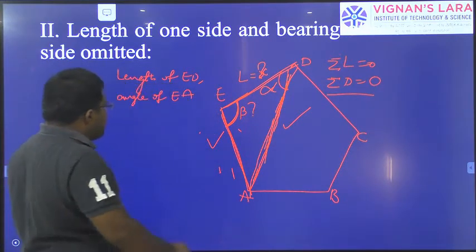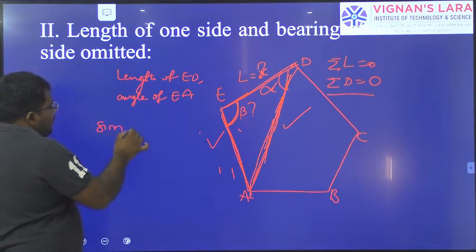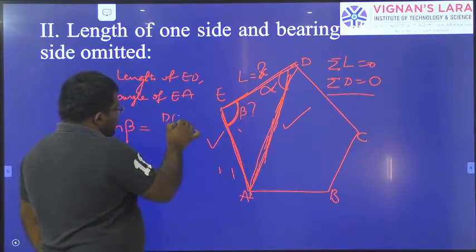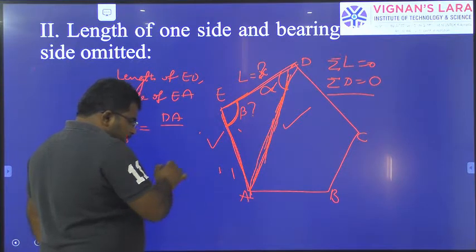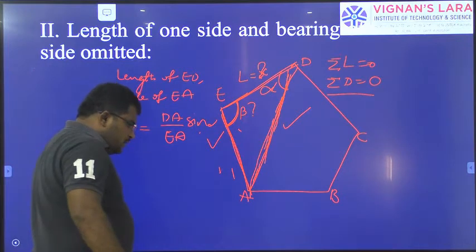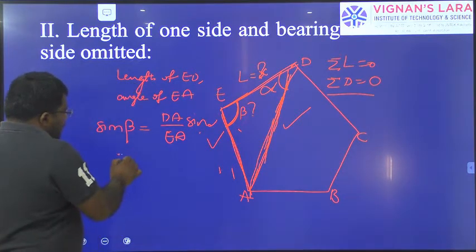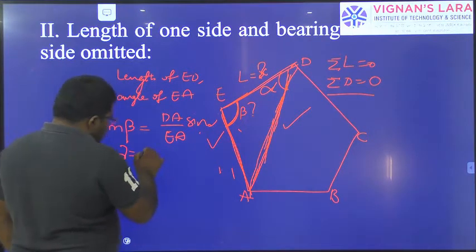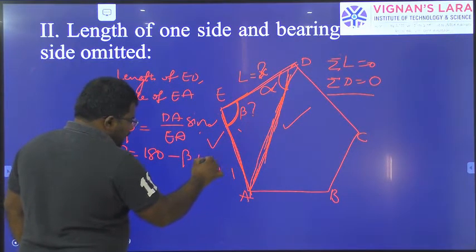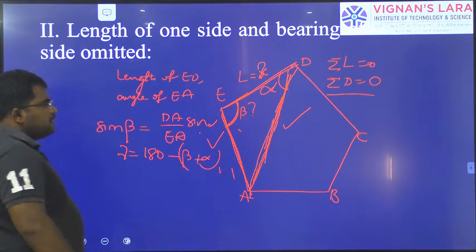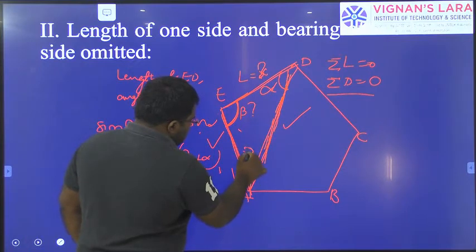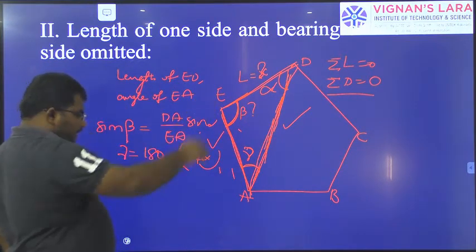So as given, now we can calculate sin beta equals DA by EA sin alpha, okay? Now gamma will be equals to 180 minus (beta plus alpha). We can calculate gamma, which is this angle EAD, okay?